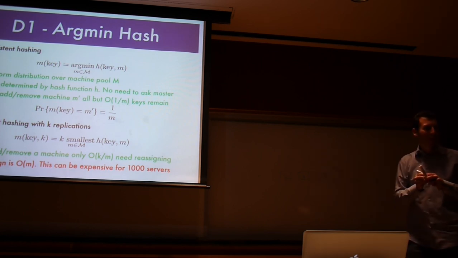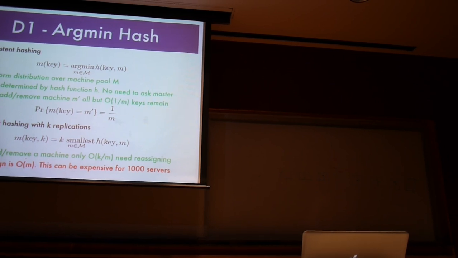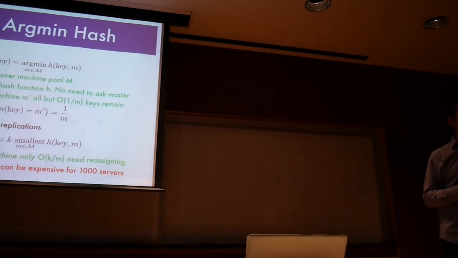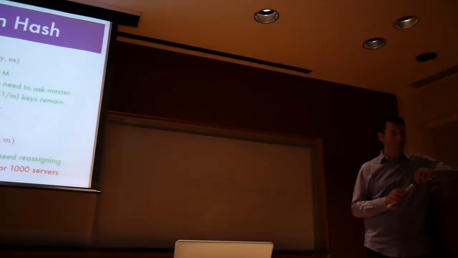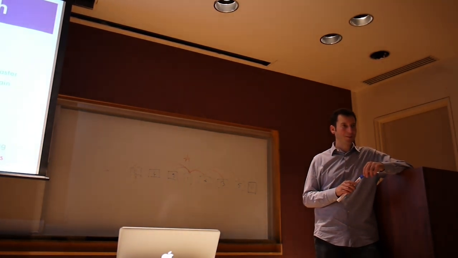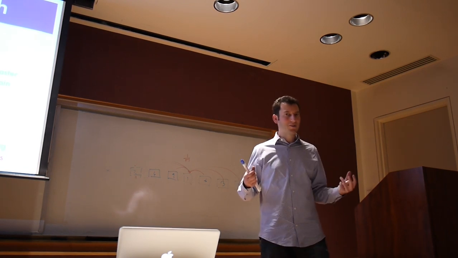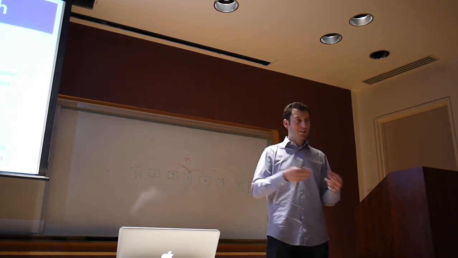Question? I'm just wondering what would be the motivation for moving the keys to the new machine, instead of just leaving it empty? Okay, so first of all, when one machine dies, I need to make sure I uniformly reassign the keys, or at least I would like to uniformly reassign them without having a specific master node decide where the data goes.